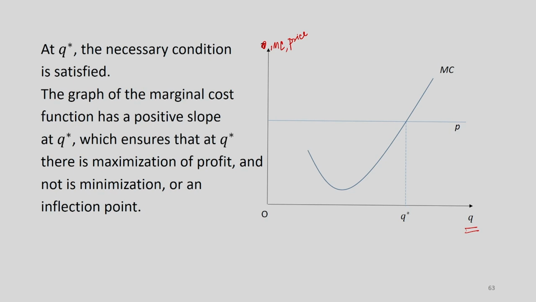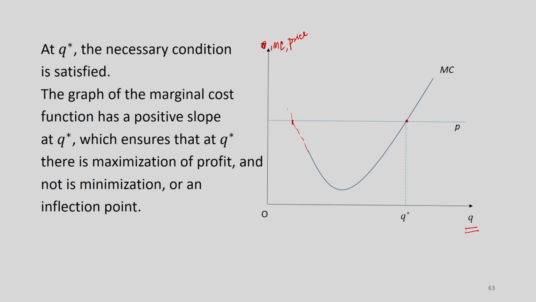It has been purposefully drawn to be a convex function. So, you have a declining portion first, U-shaped, and then it is a rising function to the right of that minimum point. Now, this MC function, if we extend this to the left, can intersect the price line at this point as well. But here also there is another point of intersection.